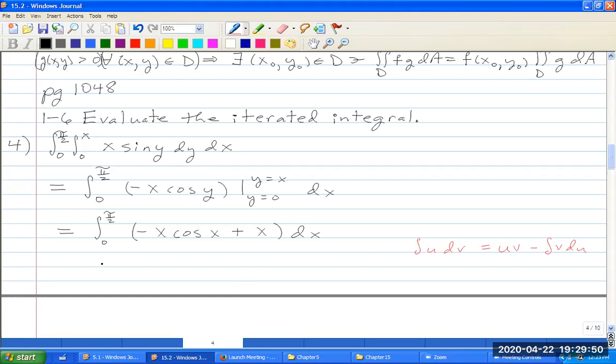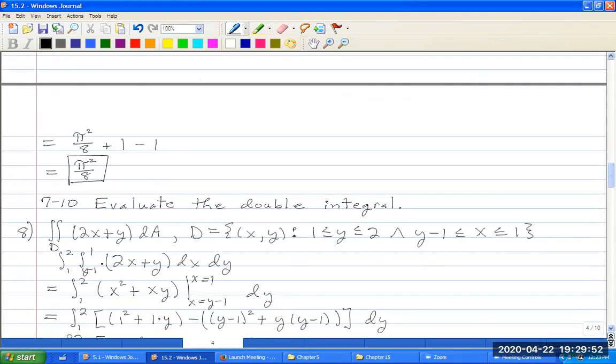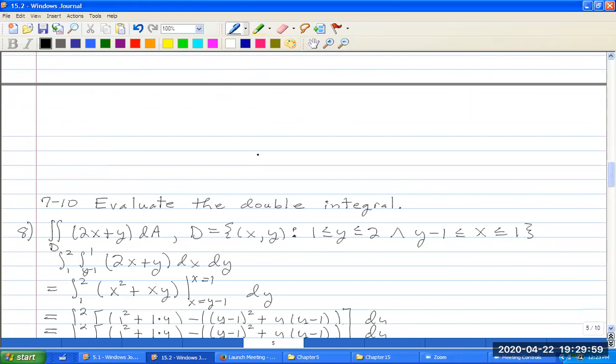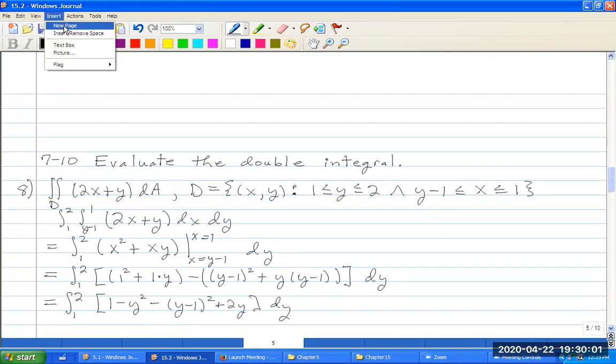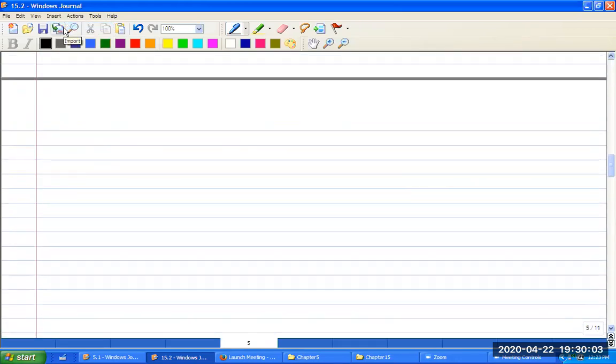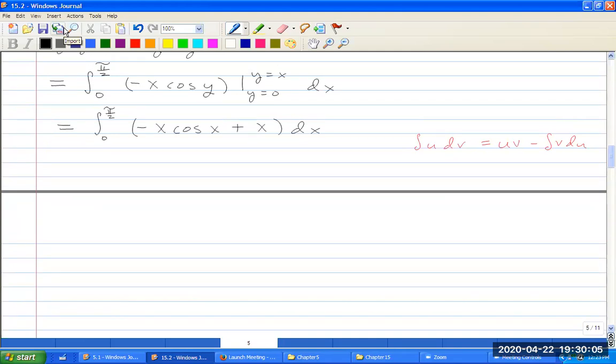Let's add another page. I'll need it a little bit more.